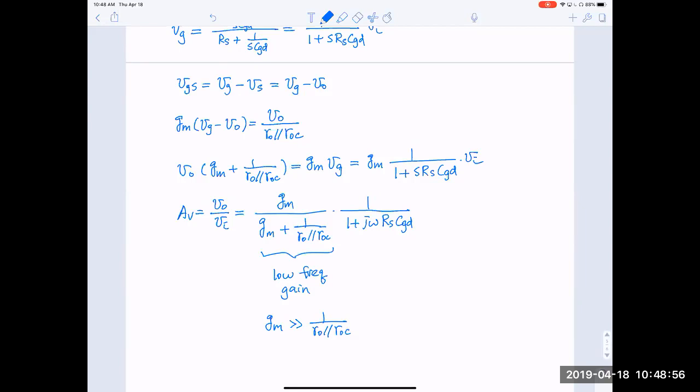So indeed, AV at low frequency is approximately 1. But we get the exact expression now. We also know how much smaller it is than 1. It's pretty close. If you plug in typical numbers, it will be like 0.99. And then you get this single pole low pass filter.